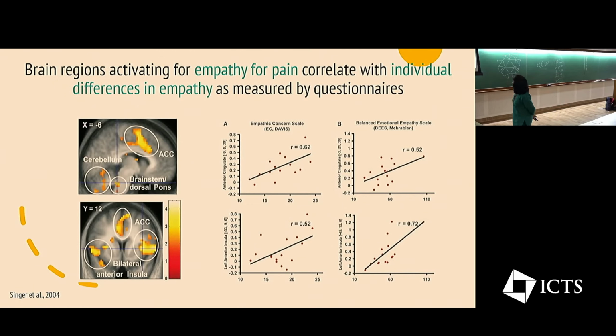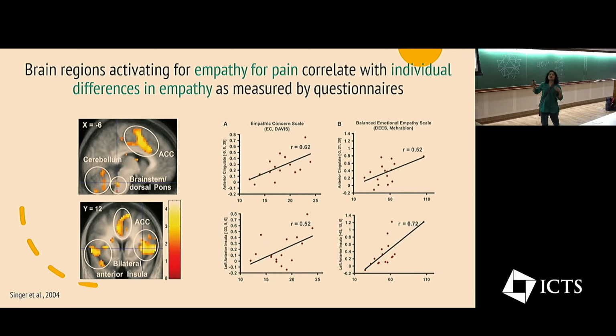Yes, good question. So X is the score that was obtained by these questionnaires, which is asking them about their general tendency for feeling empathy towards people. You can see here the names of the questionnaires: the empathic concern scale and the balanced emotional empathy scale.